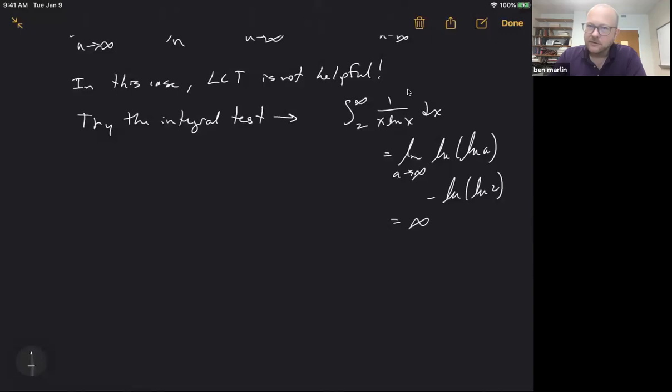So you can actually use the integral test to show that this particular series diverges, but the limit comparison test is not very useful for it, okay? I wanted to make sure and show you an example like that where the limit comparison test just wasn't useful.